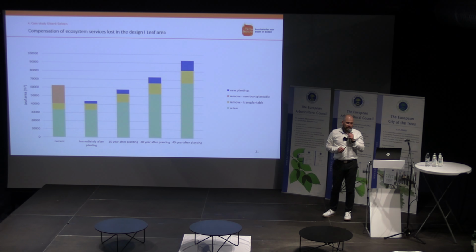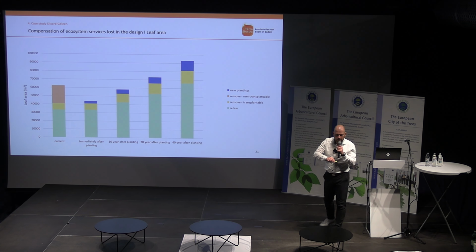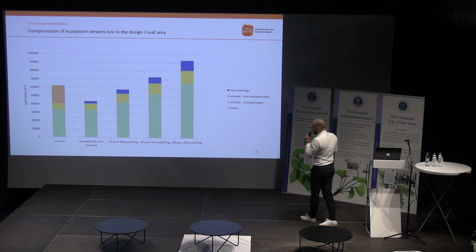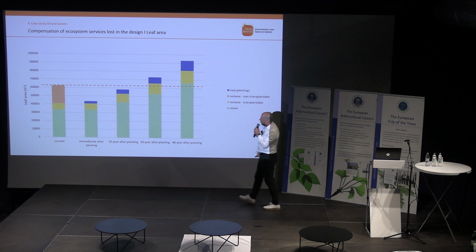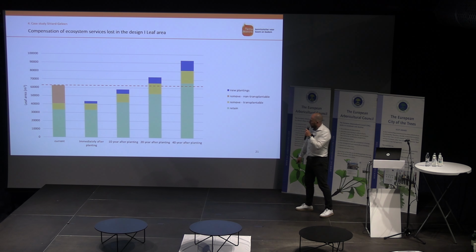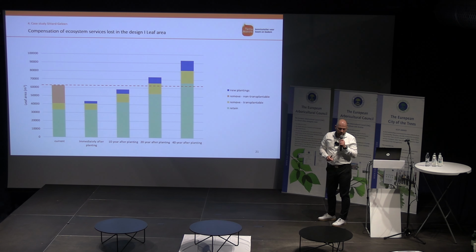But then we did an analysis: what is the effect of removing those trees and planting the new trees? And as you can see here, in the current situation, when we remove the 51 trees and we start planting, the effect of the newly planted trees for leaf area immediately after planting is very small.